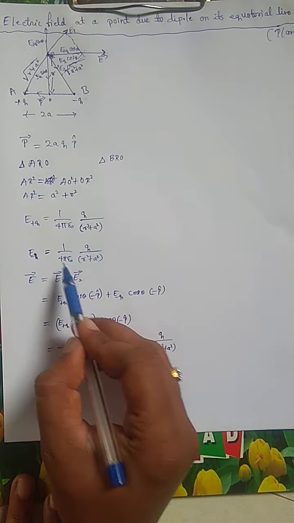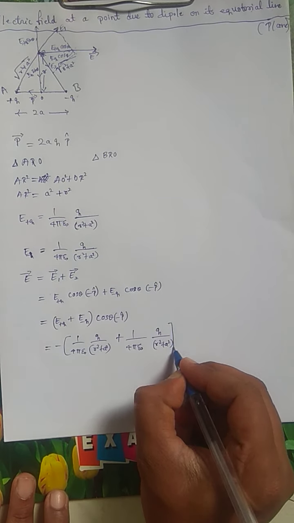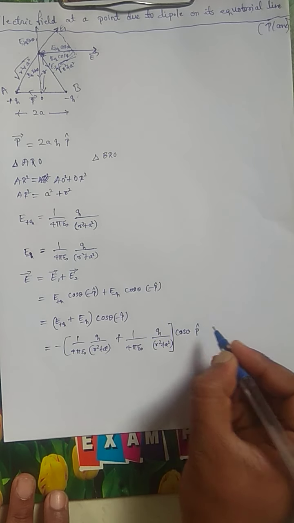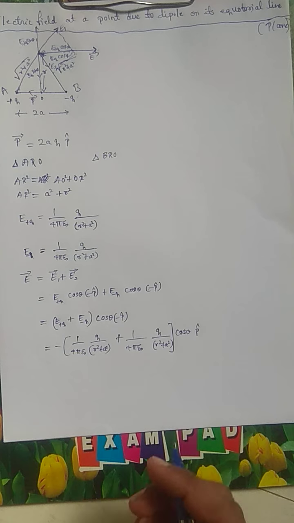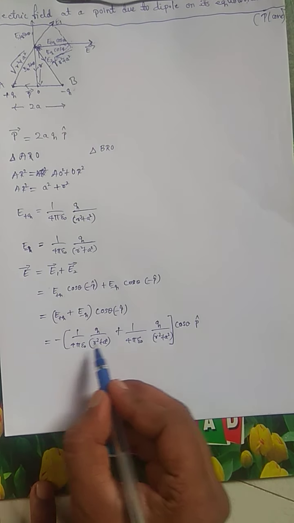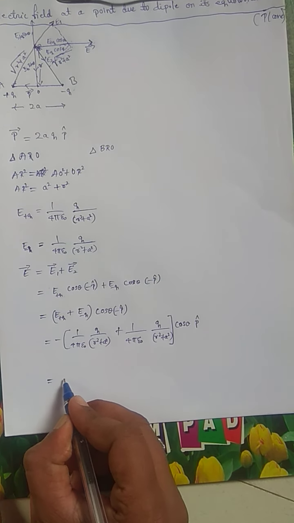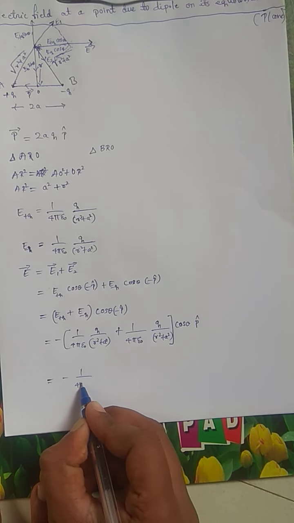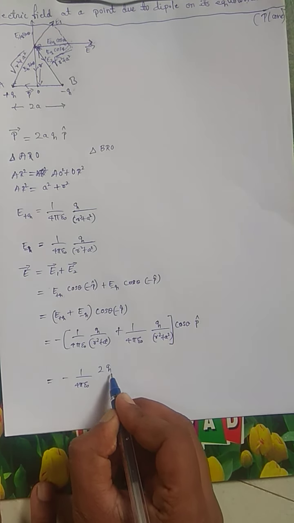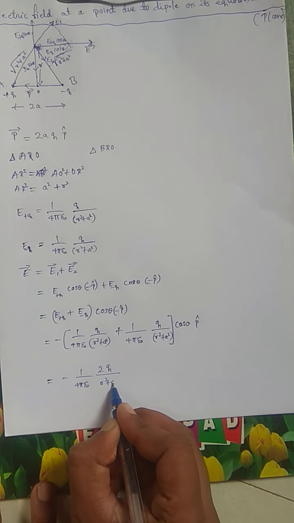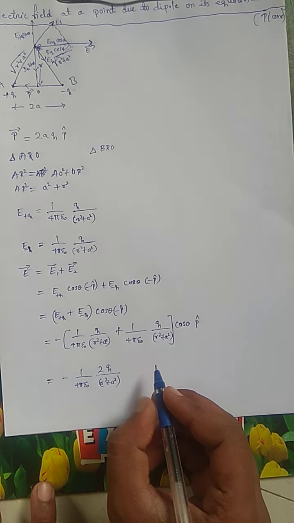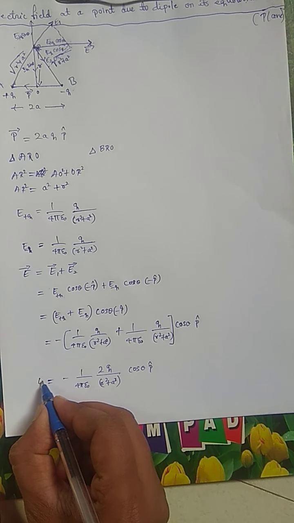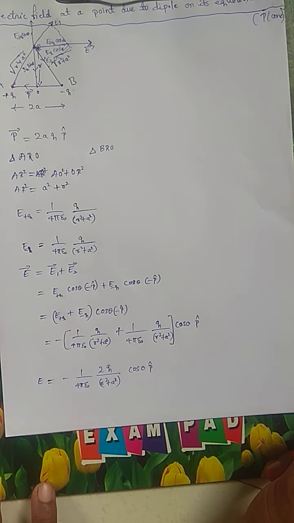This is magnitude of electric field of minus Q charge, into cos theta into dipole moment P cap. Well, they are of same magnitude, so directly I may write here 1 divided by 4 pi epsilon naught 2Q divided by R square plus A square cos theta into P cap. That's it.